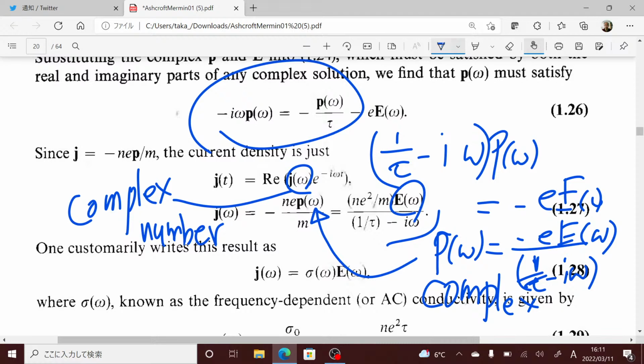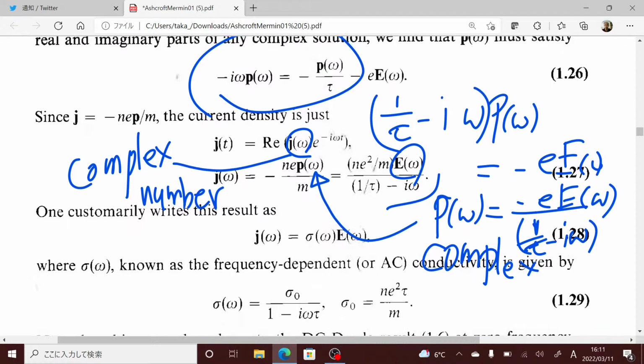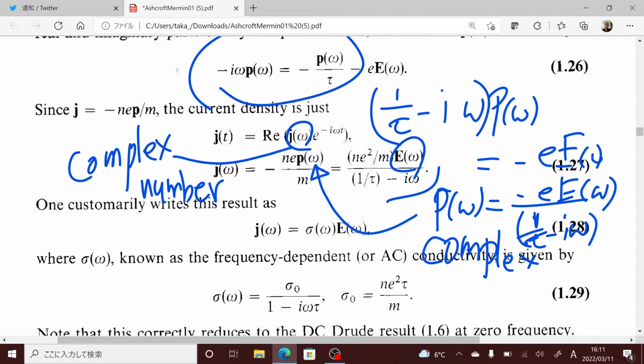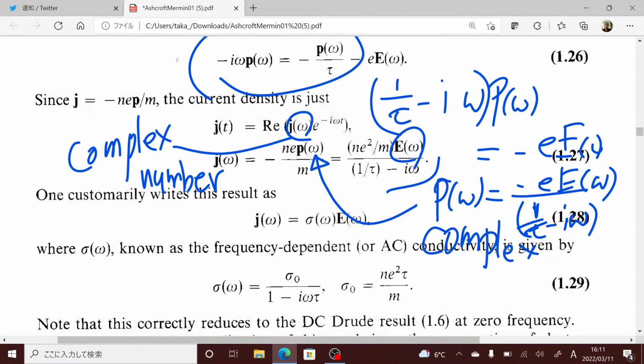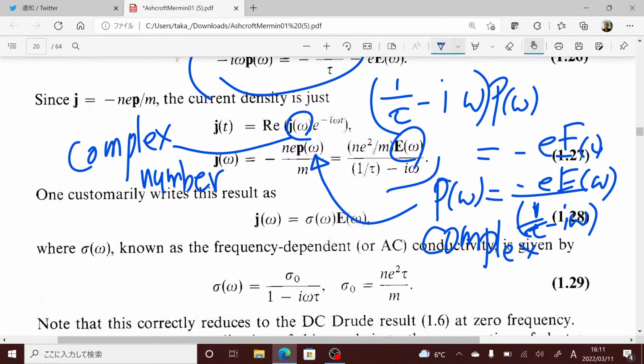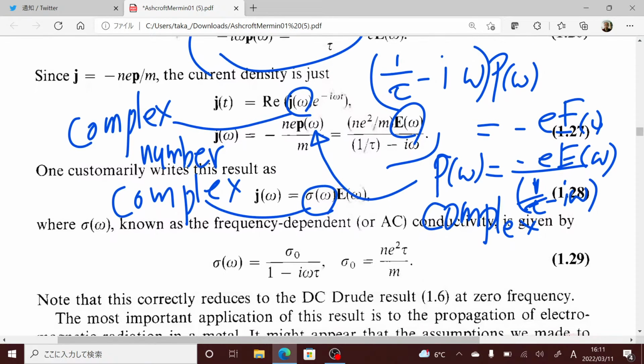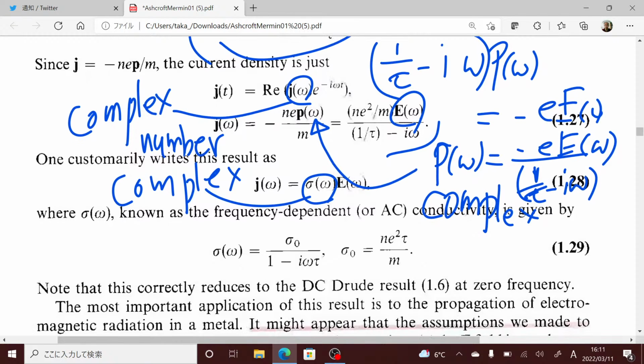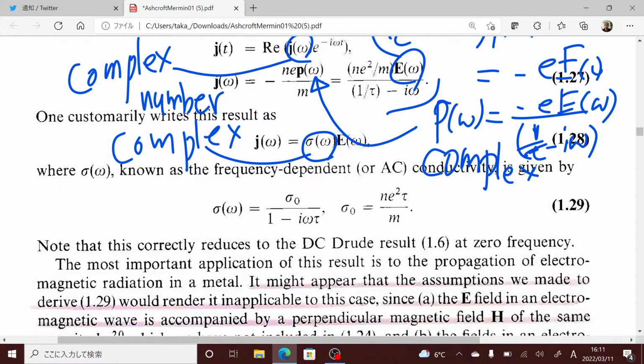One customarily writes this result as J of omega equals sigma of omega E of omega, and this one is also complex, where sigma of omega, known as the frequency dependent or AC conductivity, is given by sigma of omega equals sigma 0 divided by 1 minus i omega tau.